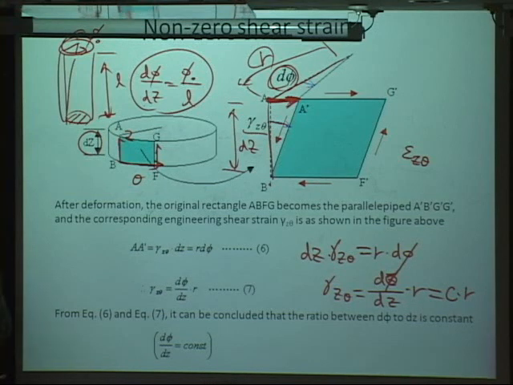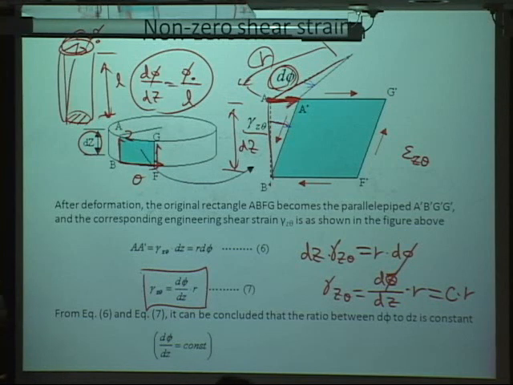So anyhow, normal C, we just came to these relations. Gamma z theta is given as d phi dz times r.